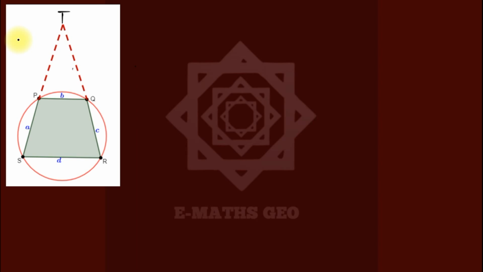You can see that we have 2 similar triangles. Why? Because from the exterior angle of the cyclic quadrilateral, this angle is the same as this. So we have 2 similar triangles.